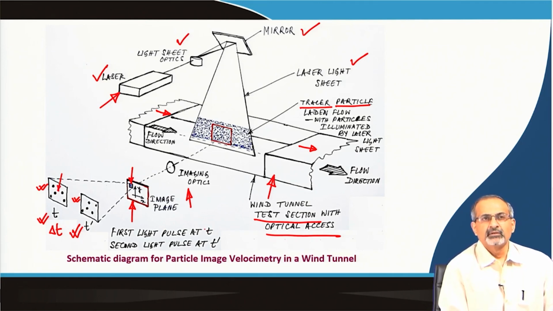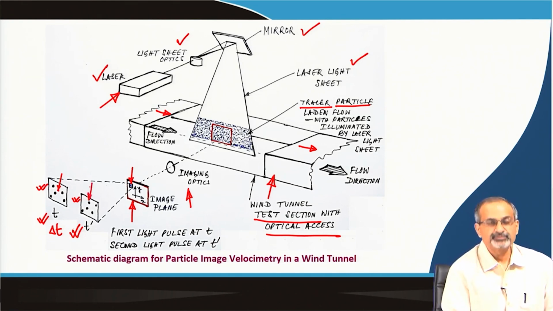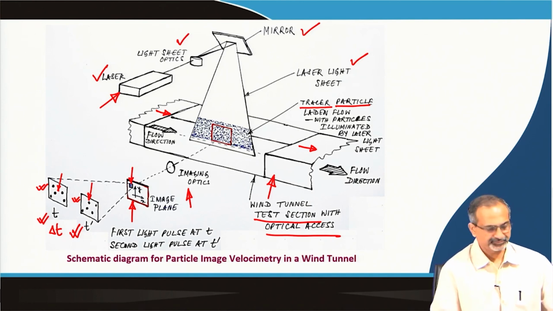When you apply a suitable technique to analyze the motion of these dots over a short period of time between two frames, that helps us build information about the velocity at which those dots moved. And therefore, that carries information about the local flow field velocity.